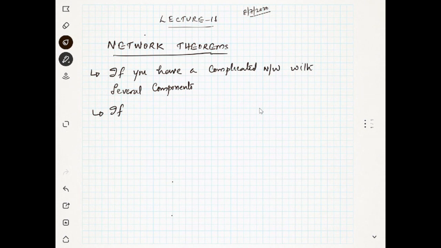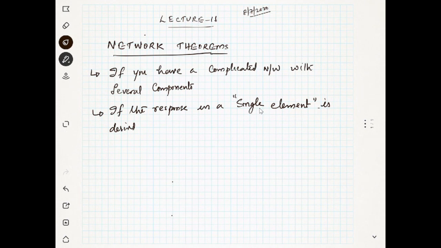And if the response in a single element is desired, this is a very important point, that means you want to find the current, voltage, power, or whatever across a single element.